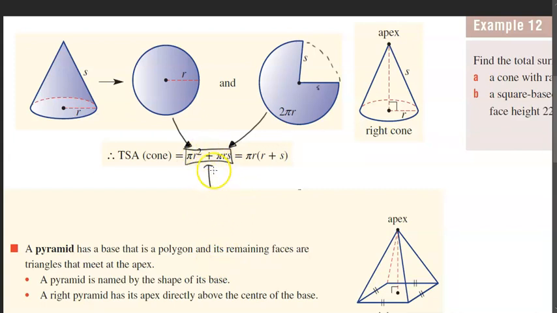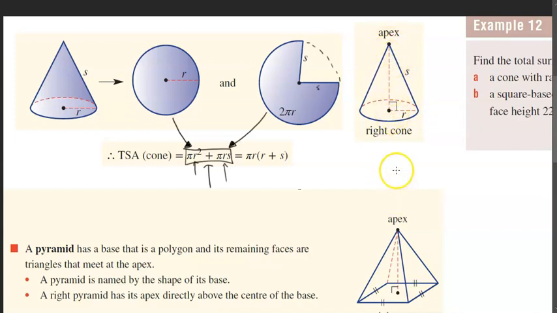We use a formula to get a result, given different factors that affect what the answer will be. In this case, the radius and the slant. We say a right angle cone, or a right cone, because there's a right angle between the radius and what's called the perpendicular height.